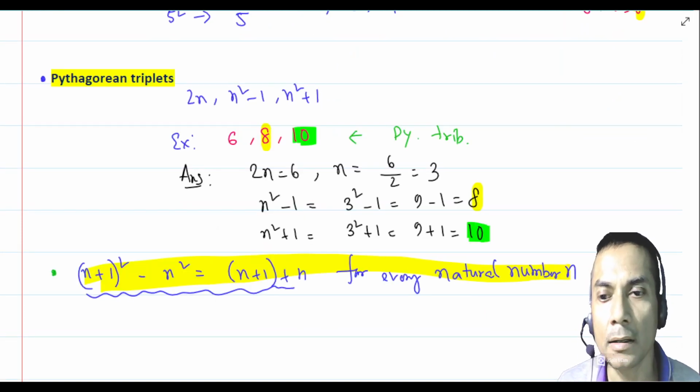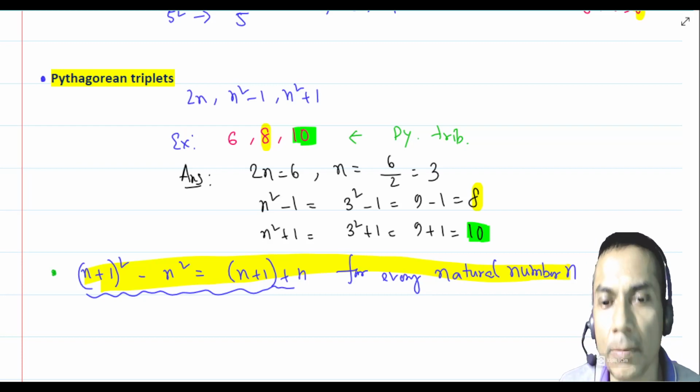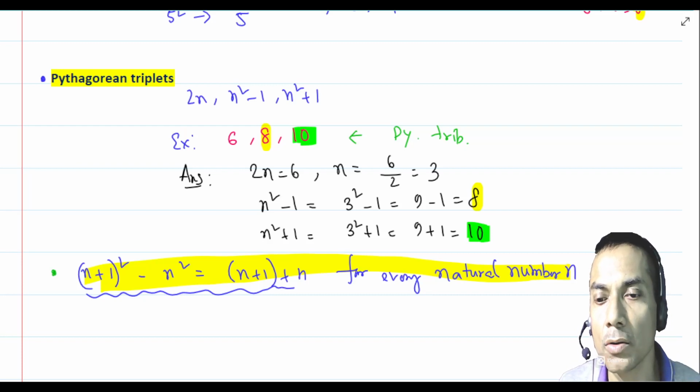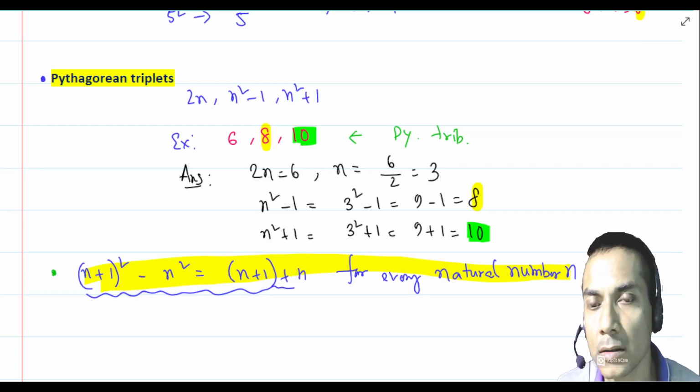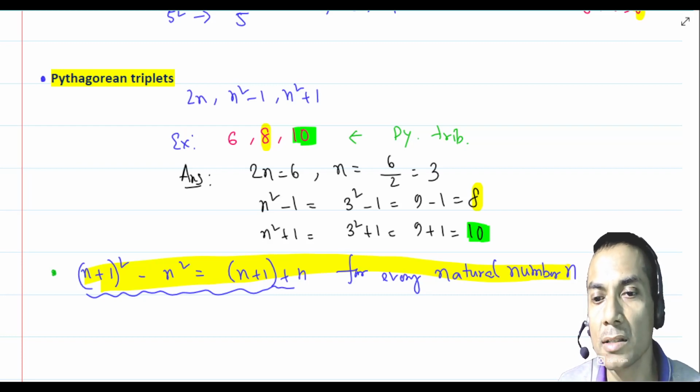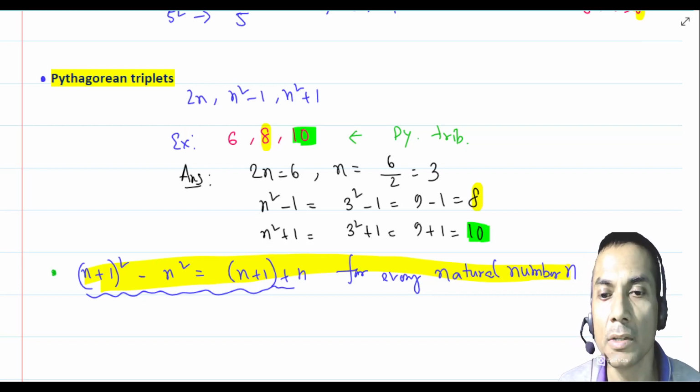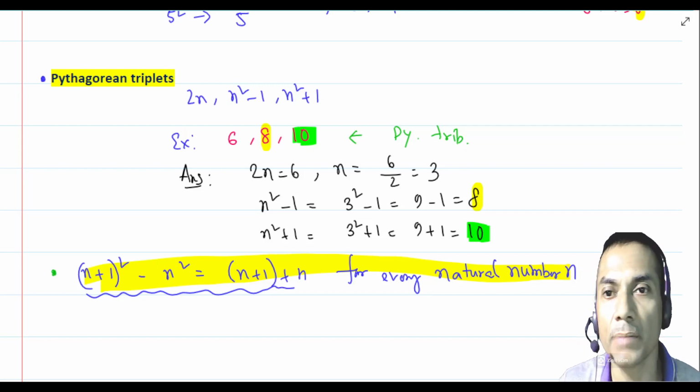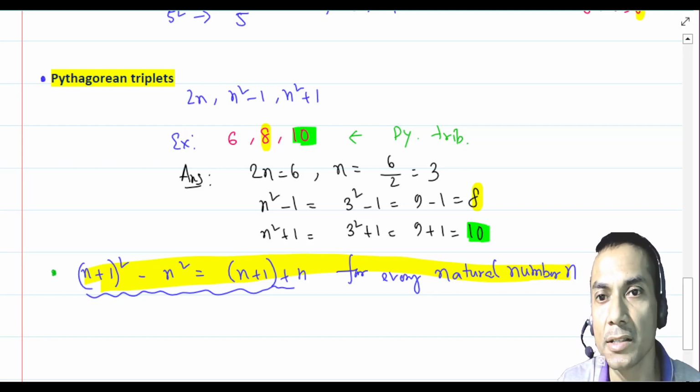Now we learn that for every natural number n, (n plus 1) square minus n square is equal to the sum of those numbers. Looking at this expression, it is not easy to understand, but if we elaborate it with a very simple example, it will be very easy to understand.